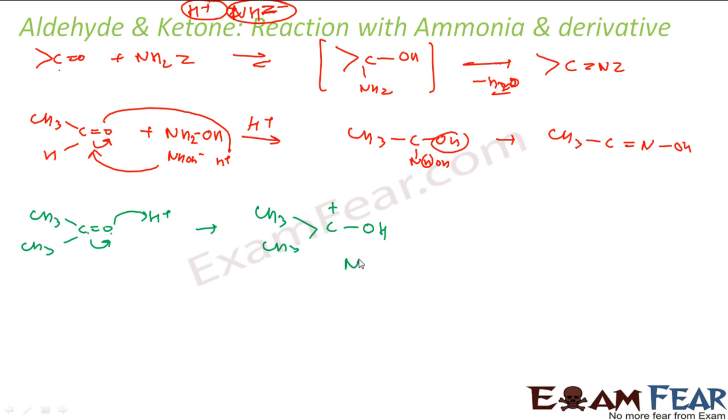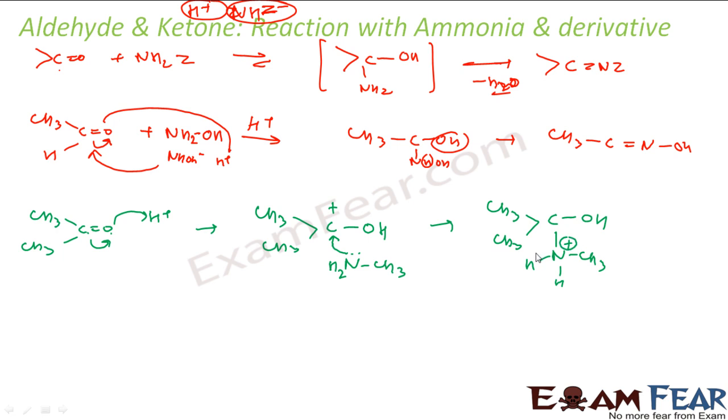Now on this, let's suppose I am using NH2CH3. Nitrogen has a lone pair. So this lone pair will get attracted towards this carbon. Right? So what will form is CH3, CH3, C, OH, NH2 and CH3. Now since this nitrogen gave electrons to this carbon, nitrogen will get a positive charge.